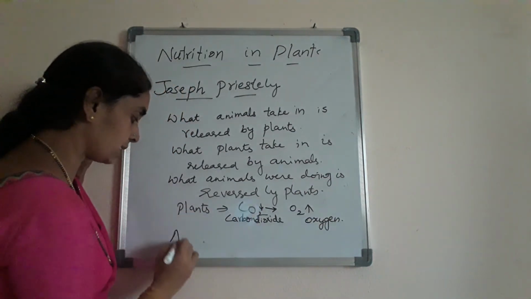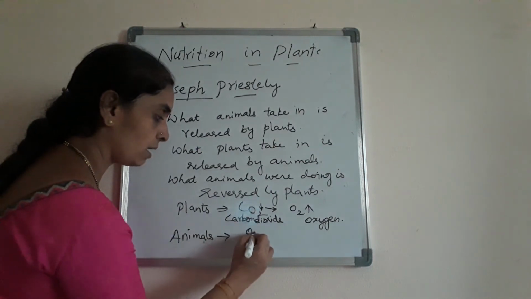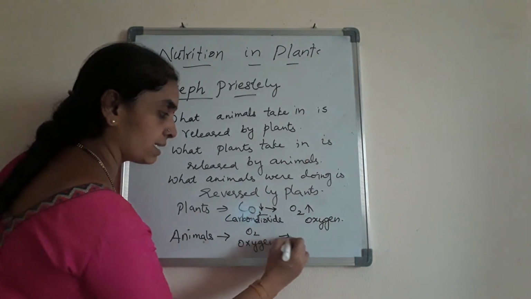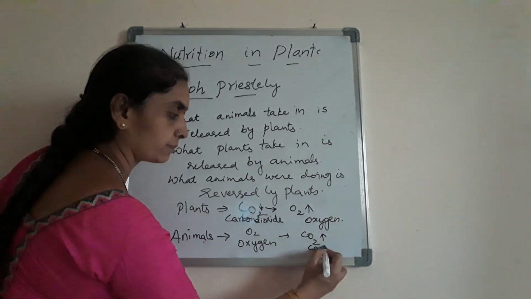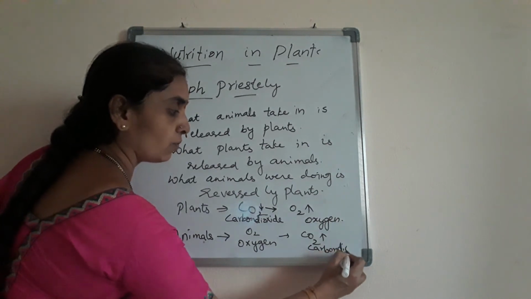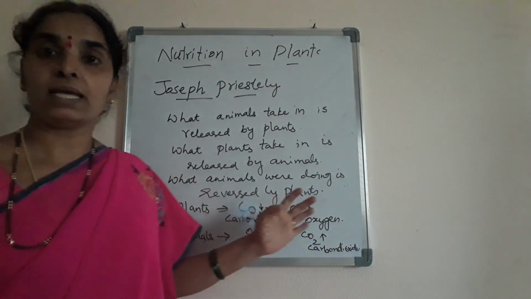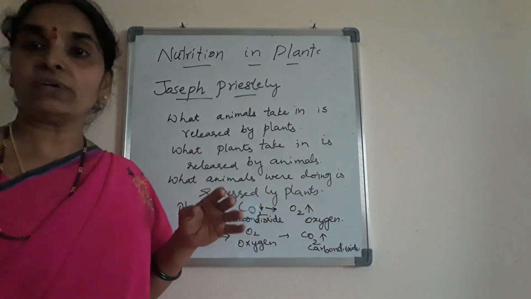This oxygen is taken up by the animals. Animals take in oxygen, whereas they release carbon dioxide. So whatever the plants are doing is being reversed by the animals. That is the statement given by Joseph Priestley.